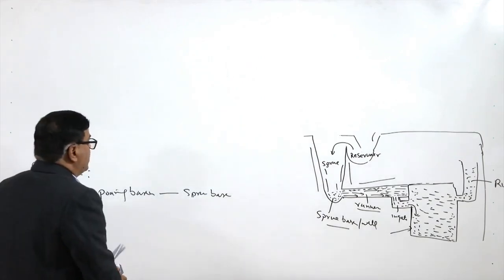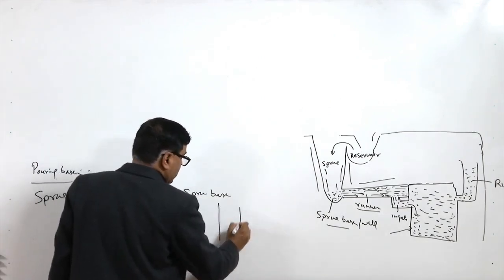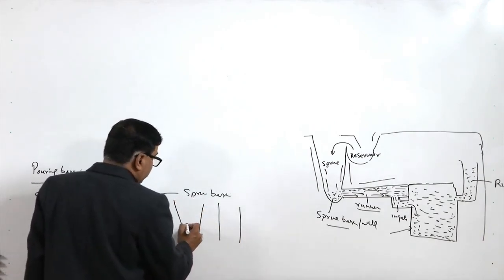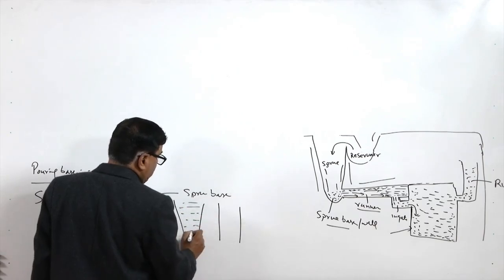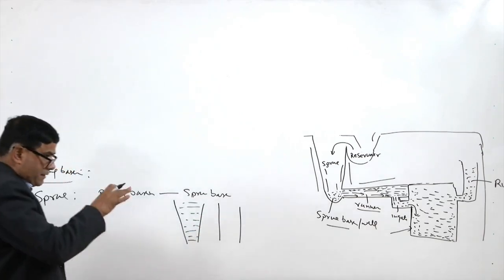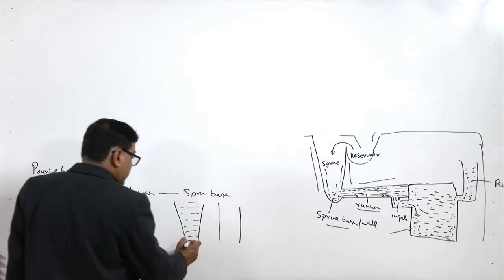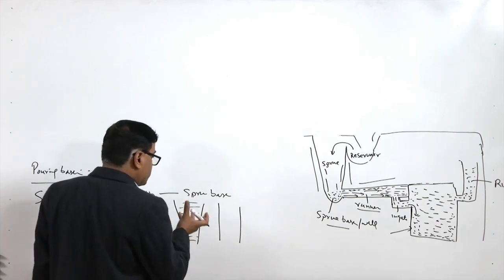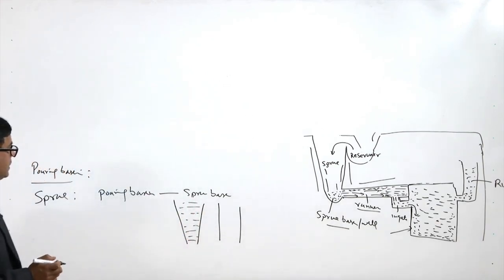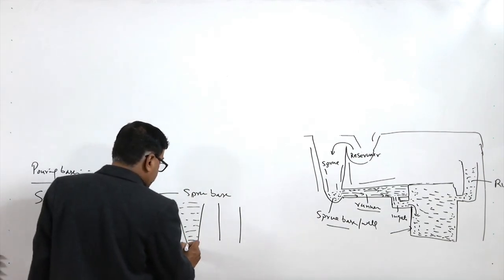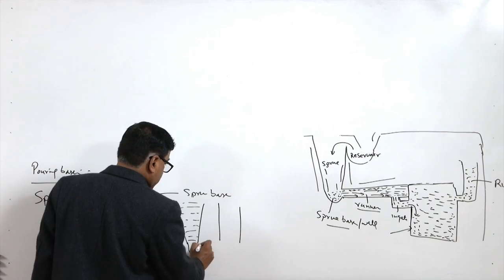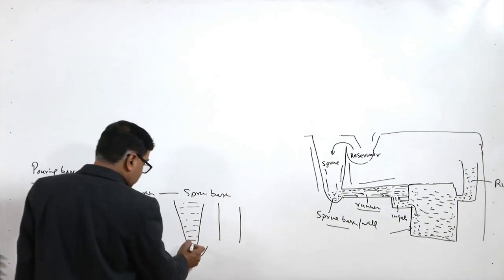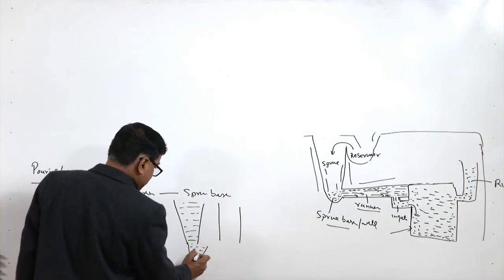That is why instead of the simple cylindrical shape of the sprue, a tapered shape is used, so that it will always be full of the molten metal, and the increase in velocity is countered with the reduction in cross section in order to avoid any negative pressure zone and reduce the air aspiration tendency. So, the conical or tapered sprue is used for this purpose, and when the molten metal reaches the bottom, it fills the sprue base.